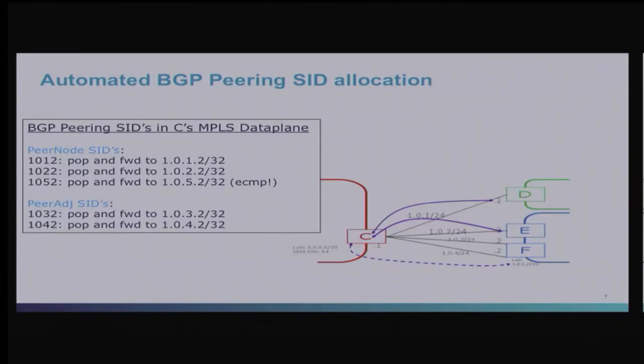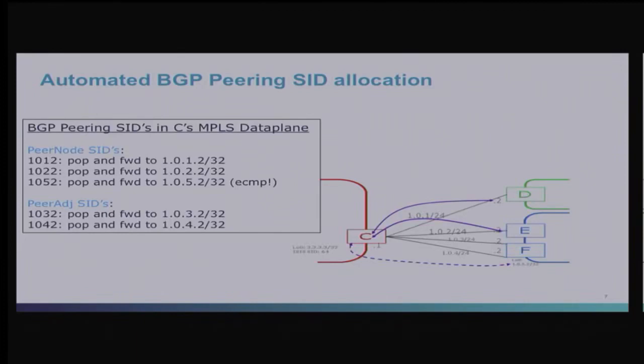For example, a label to D, a label to E, and a label to F. We call these BGP peering segments and specifically peer node segment. They are allocated to each node. And they would give ECMP in the case of F, where you have multiple physical interfaces to that peer.